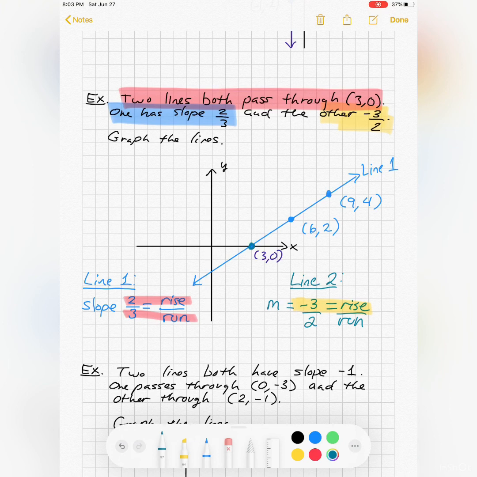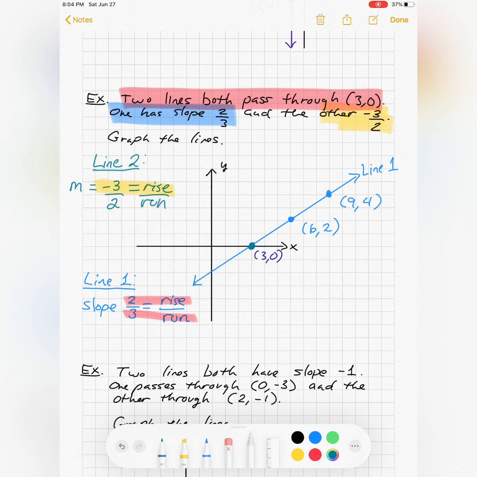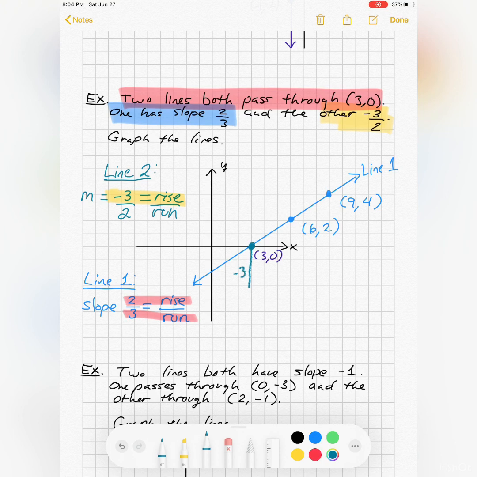So again, we're starting at (3, 0). So that means the y falls by 3. So the y falls by 3, -3, for every 2 units increase in x.